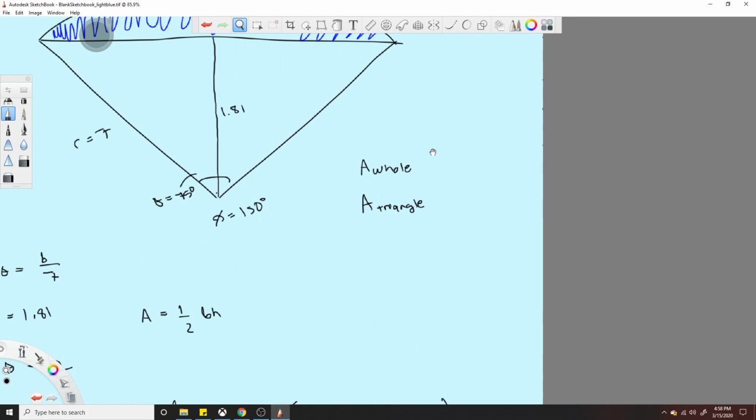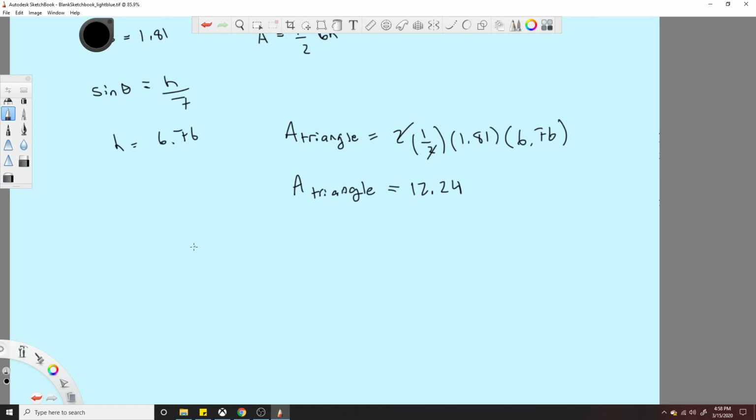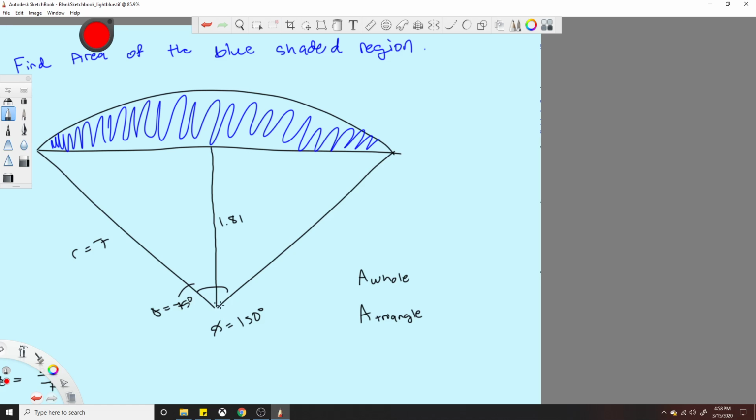Okay, so now we want a whole, right? And a whole, remember, I'll write it in red so you guys know what we're solving for. A whole is going to be this whole region, all the way around.